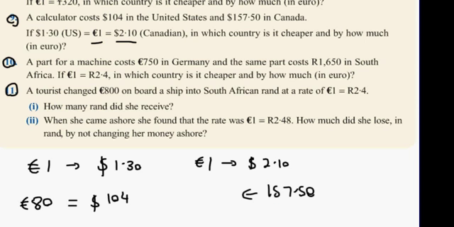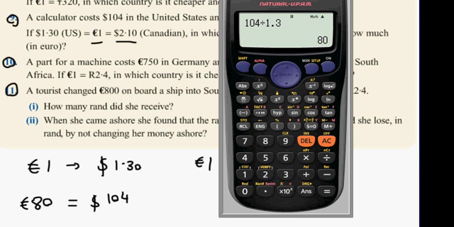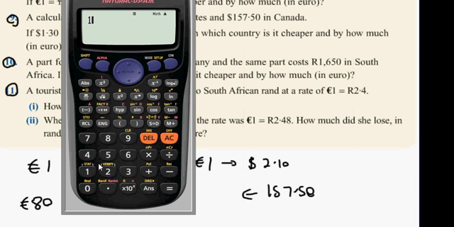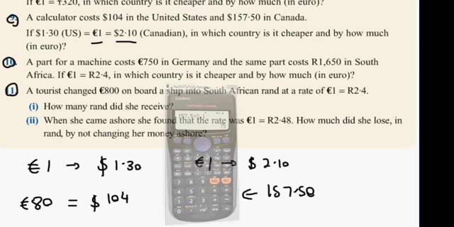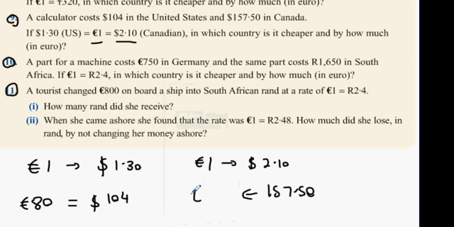So we're going to divide by 2.10. 157.5 divided by 210, and what do we get? Anybody tell me? We get €75, okay? So that's that question done.